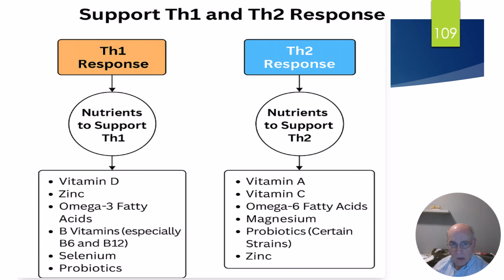So a lot of practitioners ask me what supplements they can use that will help support a Th1 response versus a Th2 response. So I put this little graph together, this slide that shows that a Th1 response requires vitamin D, zinc, omega-3 fatty acids, B vitamins, especially B6 and B12, selenium, and probiotics, whereas a Th2 response is more vitamin A, vitamin C, omega-6 fatty acids, magnesium, probiotics, certain strains, and zinc.